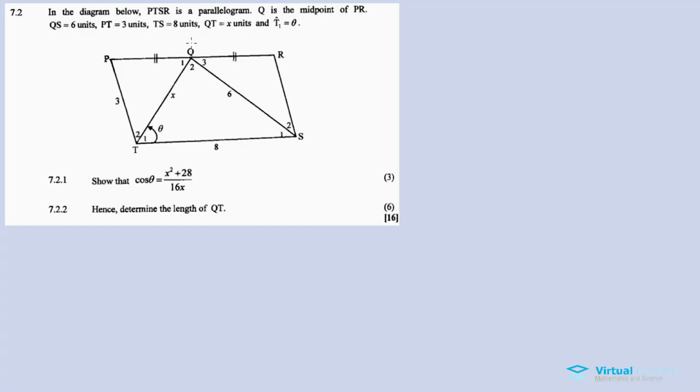So this is our Q, the midpoint of PR, so PQ is equal to QR. And then QS is 6 units, PT is 3 units, TS is 8 units, and QT is equal to X units, and the angle is theta.